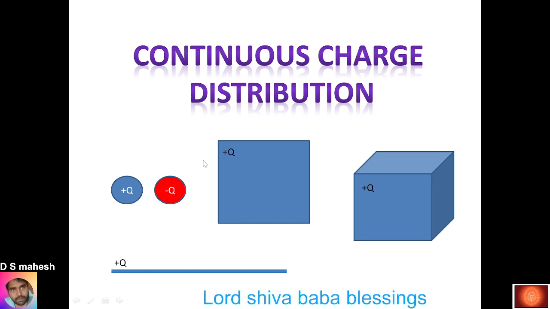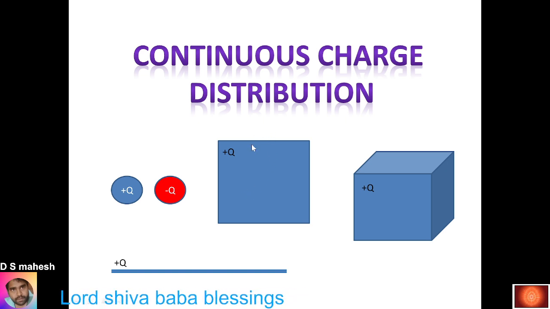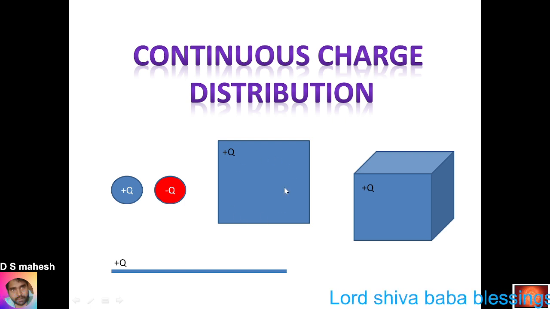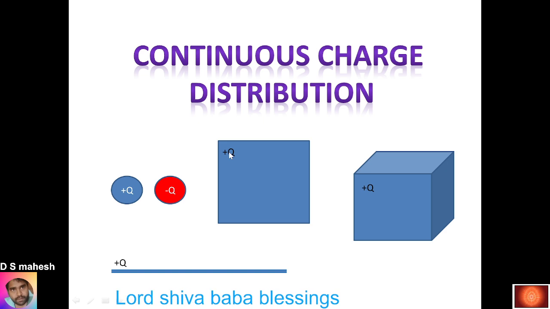Now let us consider real world applications where we will be dealing with continuous charge distribution. It can be a surface charge. There will be a surface on which the charge is distributed uniformly. If we consider this square surface, the total amount of charge present on it is given as plus q.